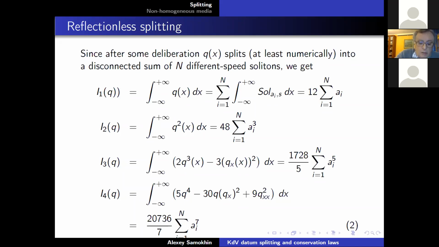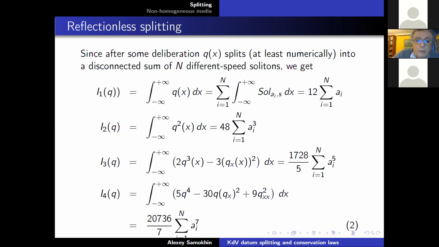Therefore, any conservation law, this one or this one, is in fact a sum of integrals over each soliton separately as well.